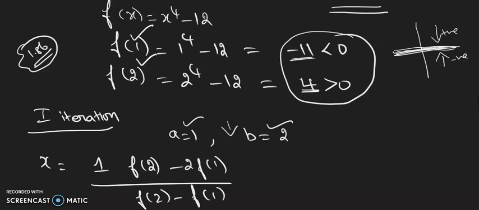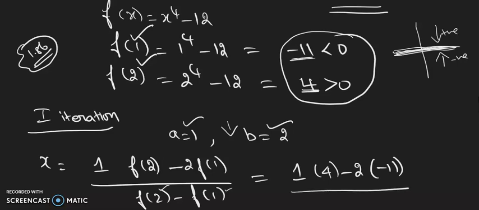And I'm just substituting the values: a into f of b minus b into f of a divided by f of b minus f of a. We have already calculated f of 2, so I have 4 minus 2 into f of 1, which is minus 11, by f of b minus f of a.